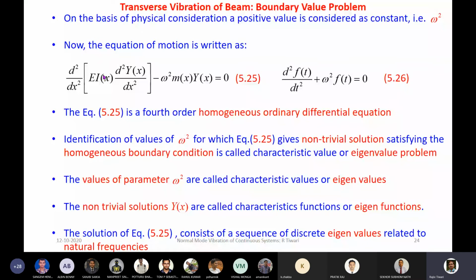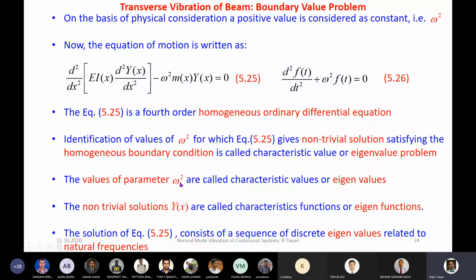The equation of motion is a partial differential equation, but the eigenvalue problem is a differential equation, and that's why the solution is slightly difficult. This omega is called the characteristic value or eigenvalue, as we defined lambda earlier.